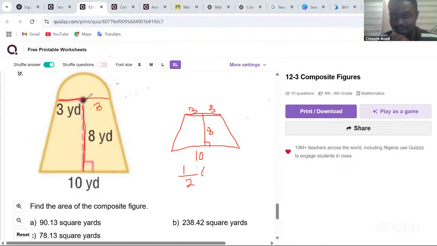That will still give us what? It's still going to give us the same answer. If you look at it, 14.1, right? Yeah, 14.1. So what is 14.1 plus 64?